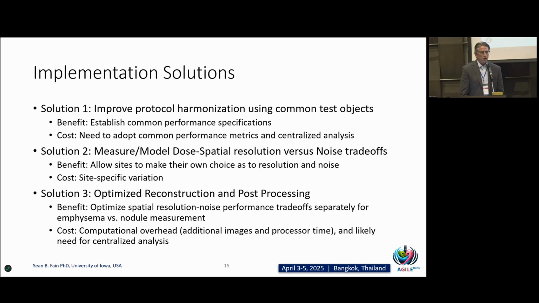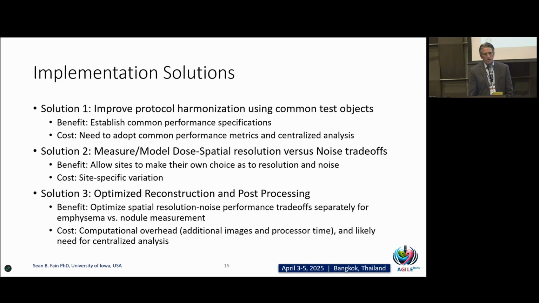The cost is that we'll have site-specific variation, but at least internally within a site, you'd have more consistent measures. And then solution 3 would be to optimize the reconstruction and post-processing, similar to what I walked you through in the slide presentation, in which we would optimize these and correct for these sources of variability. And the cost of this, of course, is computational overhead.